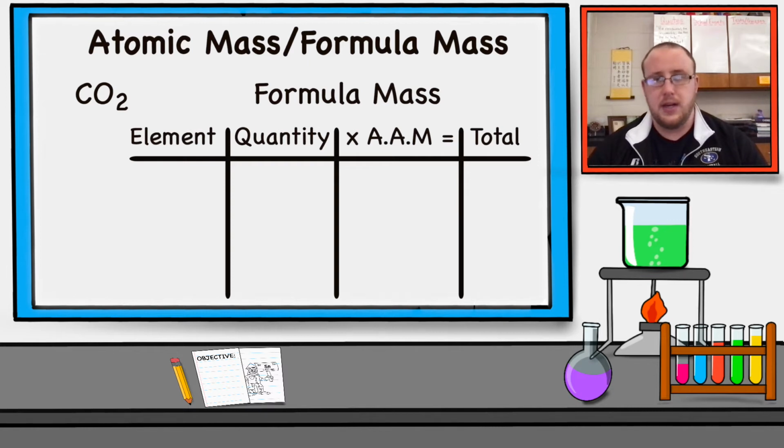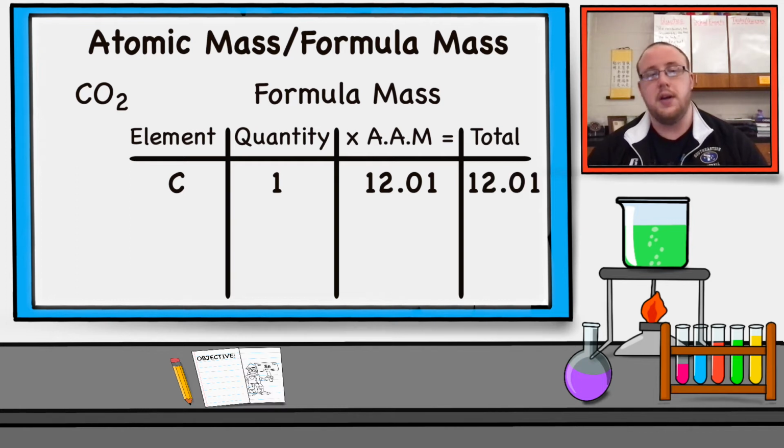So my carbon dioxide would look like this. Carbon is my first element. I have one of those, so my average atomic mass for carbon is 12.01. That means I'm going to take my quantity of my carbon, 1, times my 12.01, my atomic mass of carbon, and that's going to give me a total of 12.01 atomic mass units.